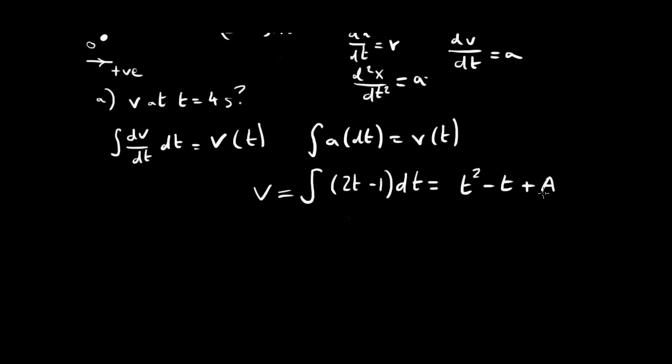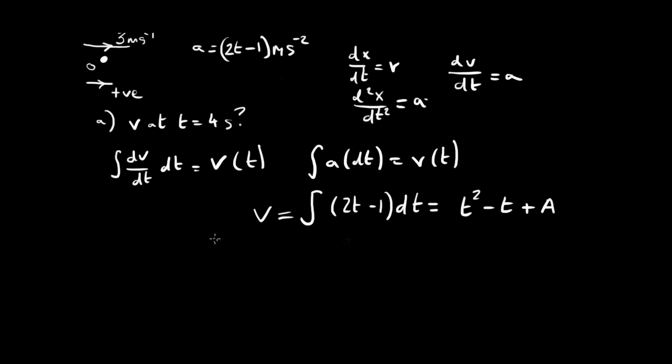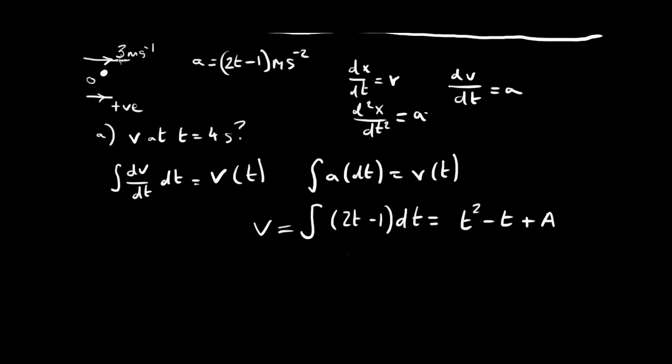So the way we normally find out the constants of integration is that we look at the initial conditions that they give us. So they tell us that at time equals 0, the velocity is 3 meters per second. So we can say that v at t equals 0 is equal to 3.